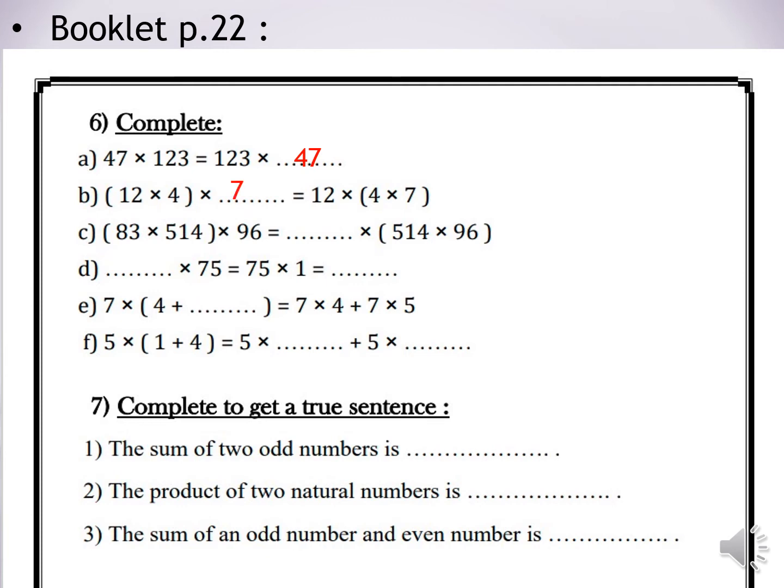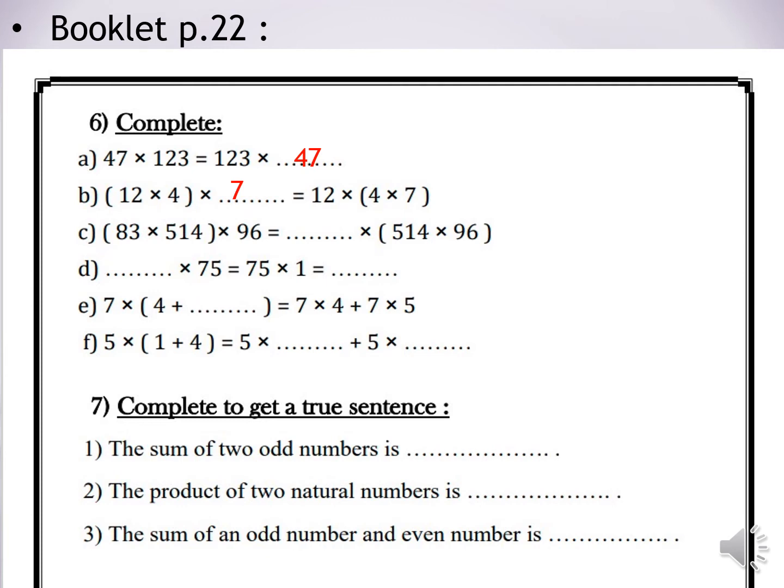In letter C, 83 times 514 times 96 equals what times 514 times 96? Here I have the same sign in both sides, and I have only changing in the brackets. So the first number in the left hand side must be the same as the first number in the right hand side.